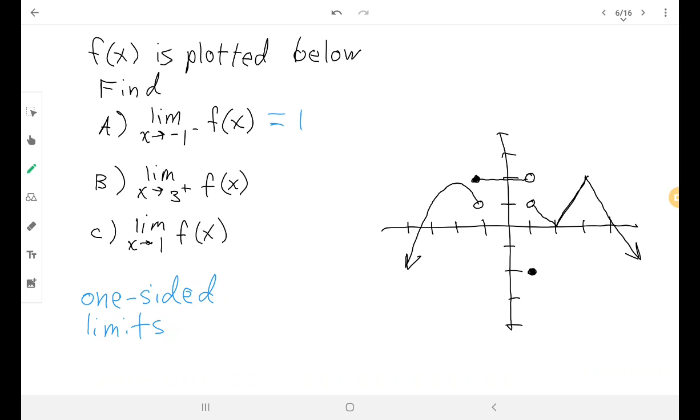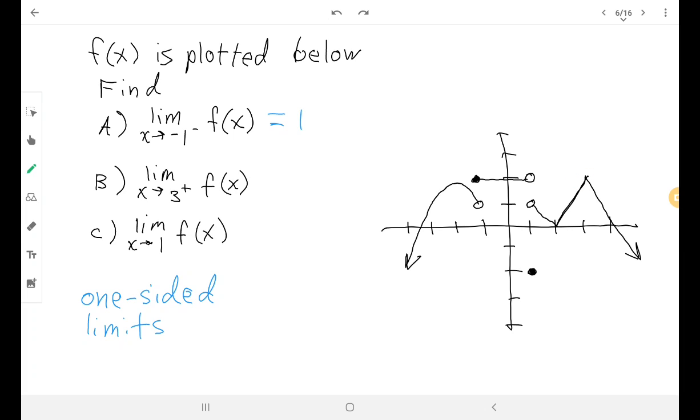Well, okay, so let's look at b then. Let's approach an x value of 3 right there from the right. So that means coming back like that. Well, that looks like it puts me there.